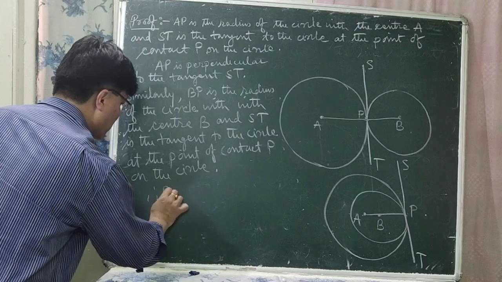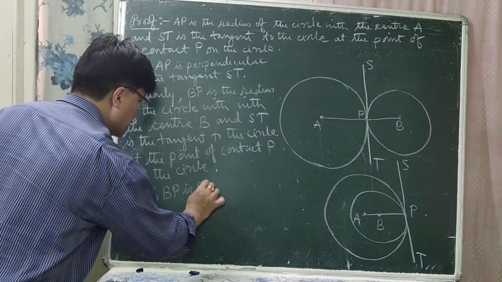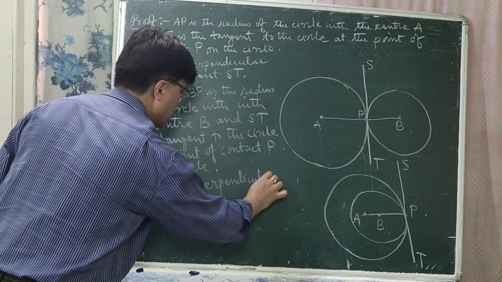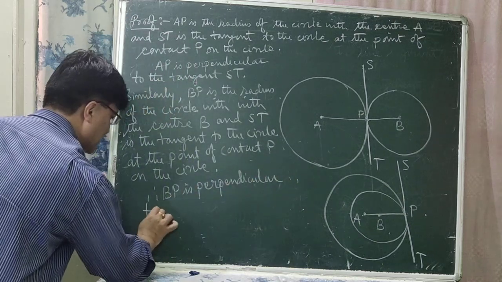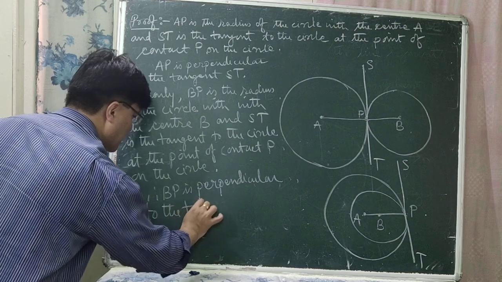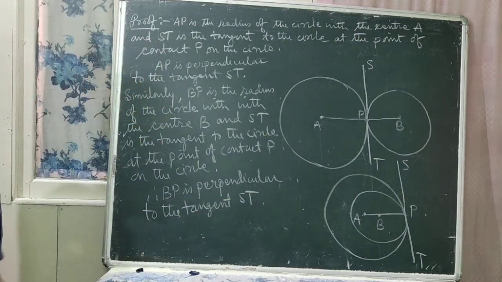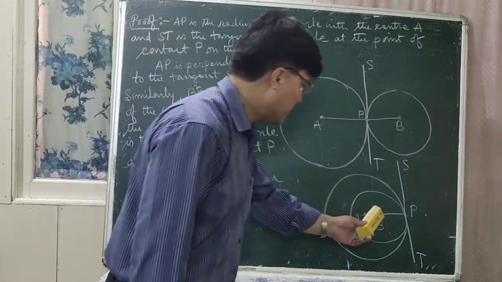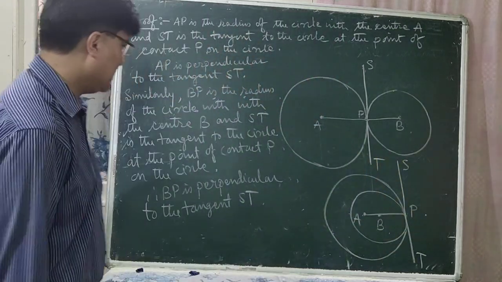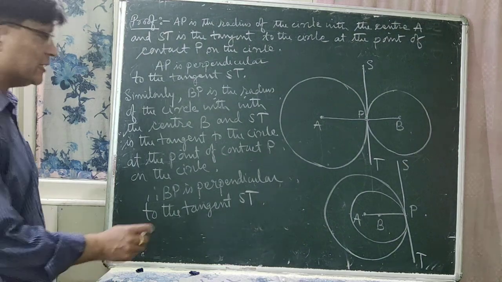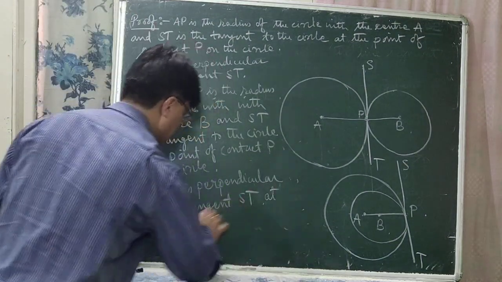So therefore BP is perpendicular to the tangent ST. Okay, so here this BP is perpendicular to the tangent ST at the point P.